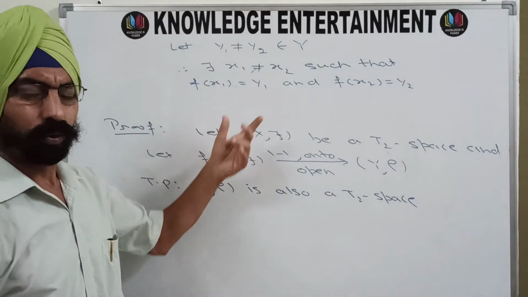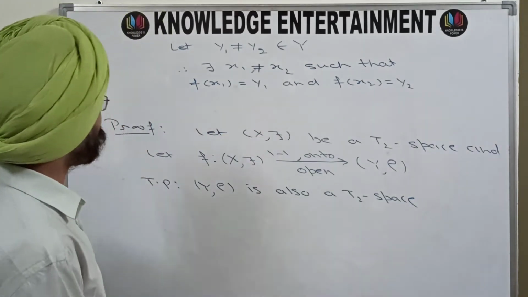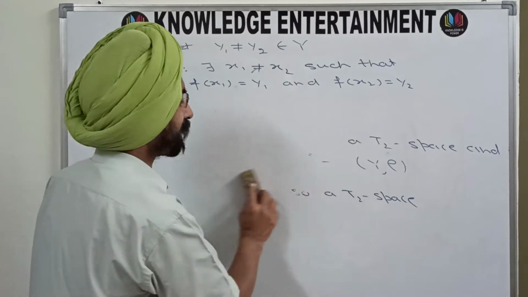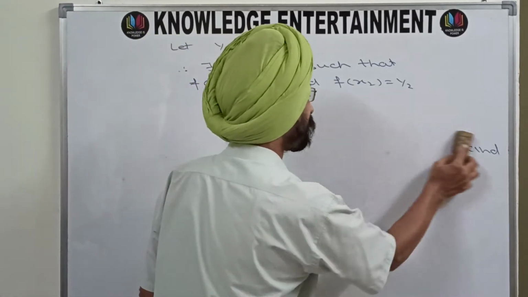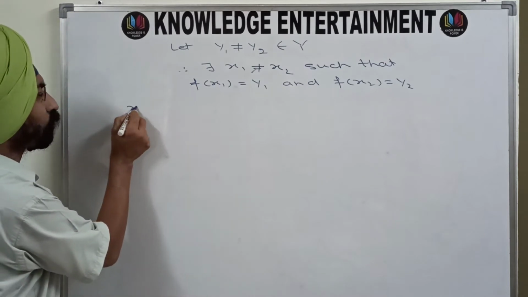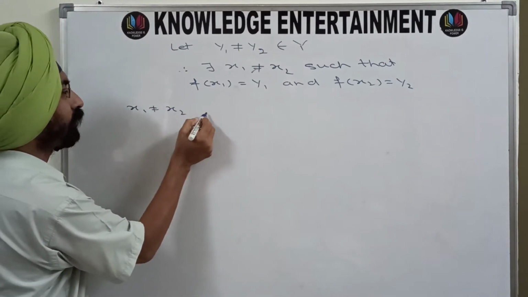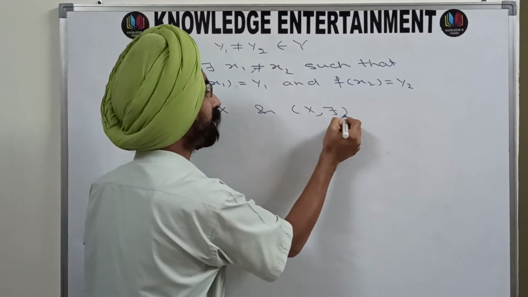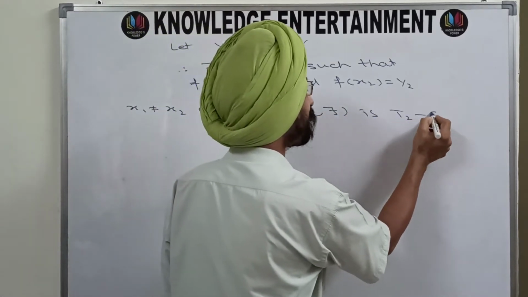So now we have 2 points X1 and X2 in X, but X tau is given to be a T2 space. So X1 is not equal to X2, belongs to X, and X tau is a T2 space.